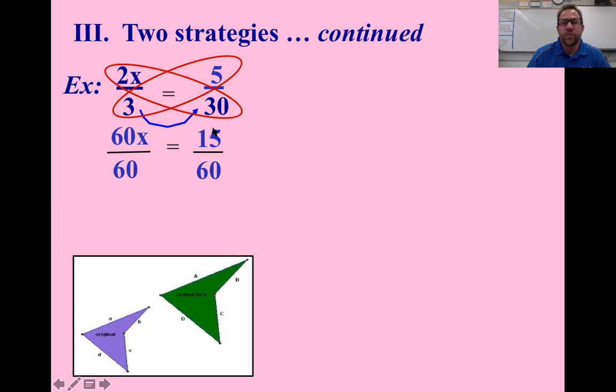And then I have 15 over 60, which we can simplify. And when we simplify that, it becomes 1/4. So our answer for x is actually 1/4, not 4, right? 2 times 4 doesn't make 5. But if I go 2 times 1/4, then I'm going to get 5. Okay, 2 times 1/4. All right.